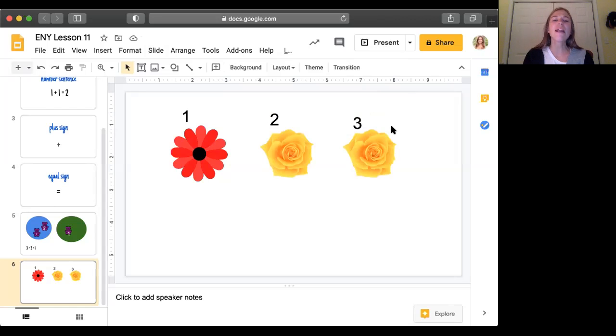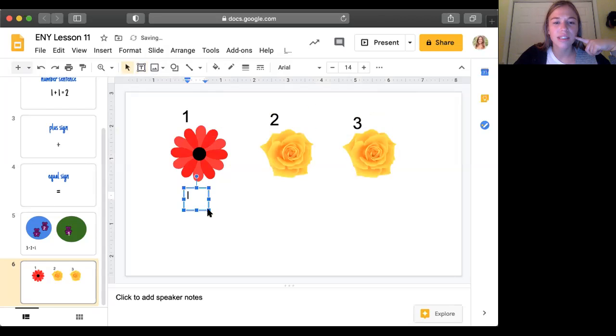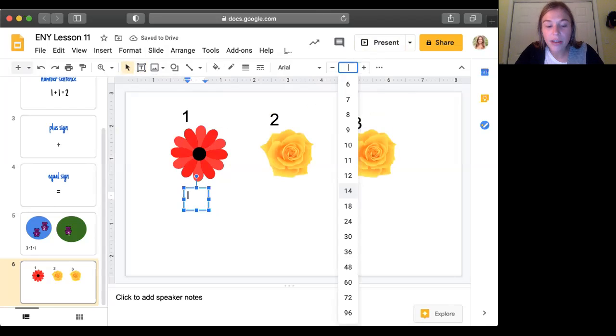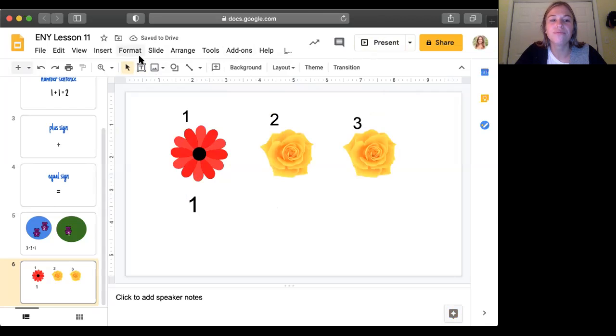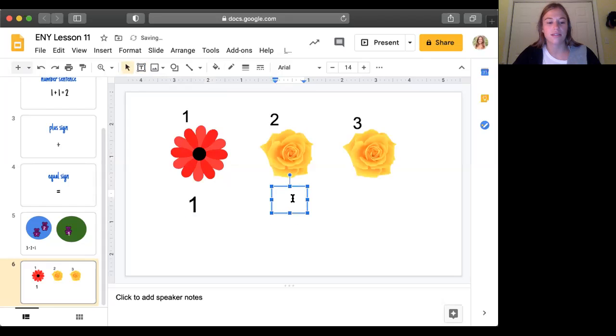Now, how many red flowers does Miss Ziegler have? Miss Ziegler has 1 red flower. So I'm going to put a 1 there. Then how many yellow flowers does Miss Ziegler have? You're right. She has 2 yellow flowers.